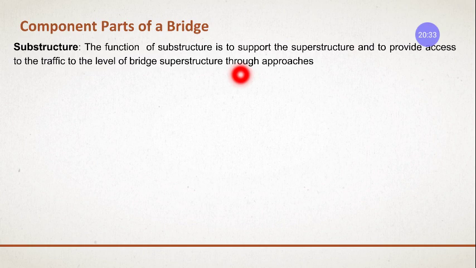What I showed in the previous drawing is that the road which connects to the bridge, at whatever height the bridge is, we increase the height of the road and bring it to the same level as that of the bridge. So that road which connects to the bridge is called the approach road, or approaches.